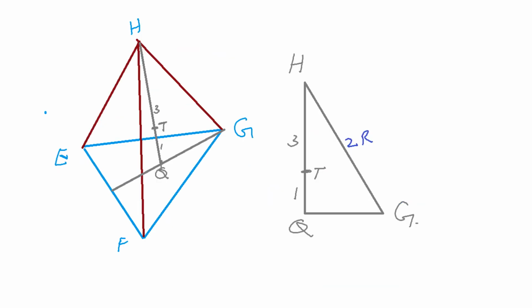Now we are extending that to the pyramidal shape, the tetrahedral shape. Drawing a perpendicular from the vertex H to the base at the point Q, where Q is the centroid of the base. And you can see the point T here. T is the centroid, the point T divides the line HQ in the ratio 3:1. So we have to calculate HT. First we have to calculate HQ, again using the Pythagoras theorem.